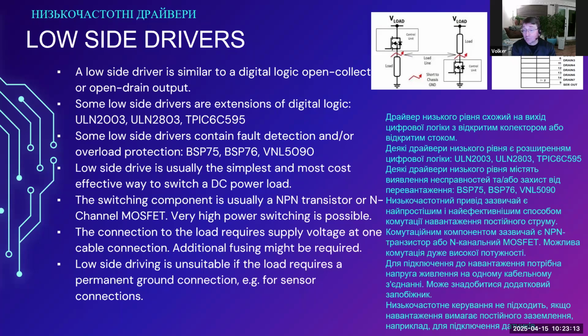As you can see in the image, the right part of the image on the left-hand side, one side of the load is connected to supply voltage. That means you have to route supply voltage on a cable through, for example, a vehicle, if you're using a low side driver to turn something on in a vehicle.